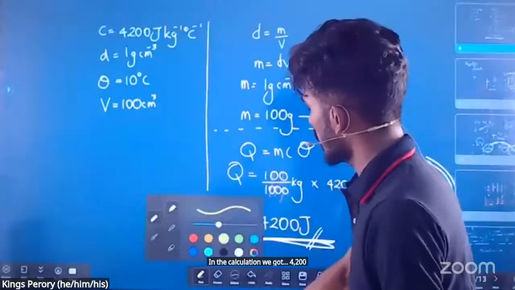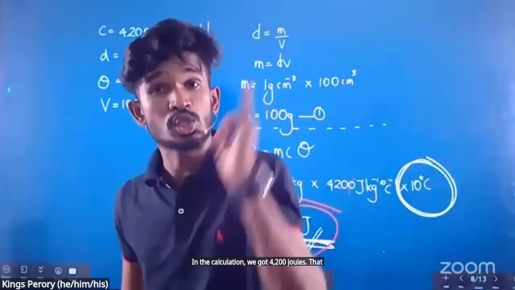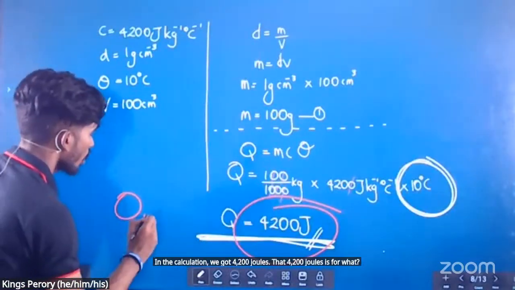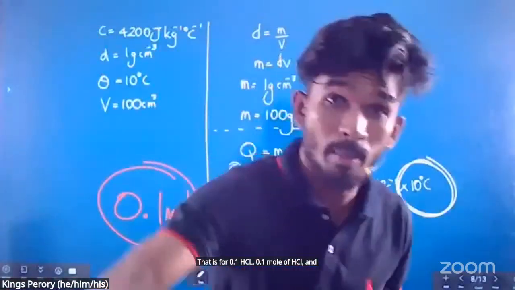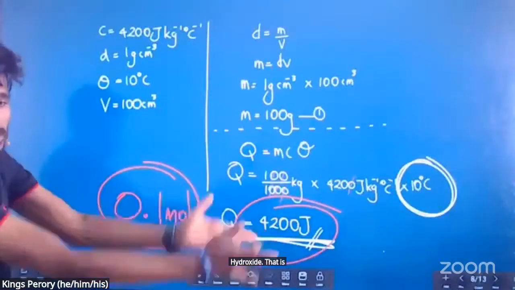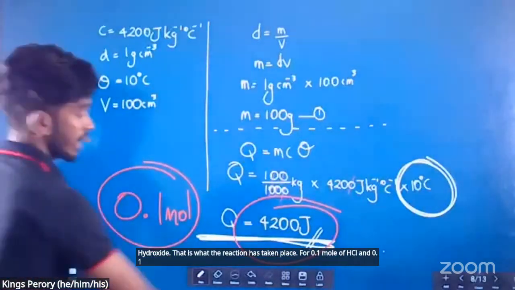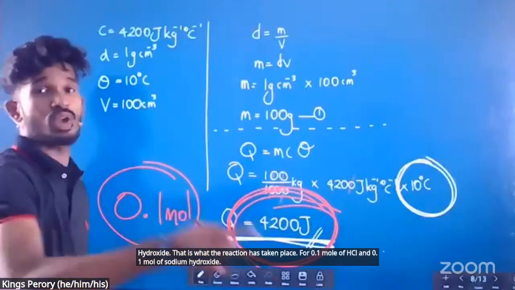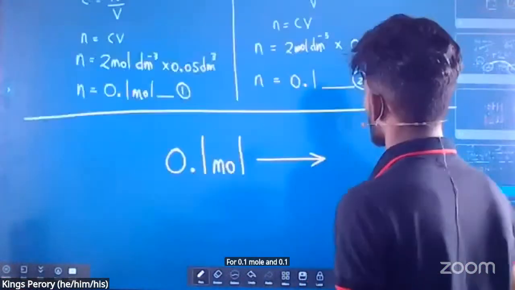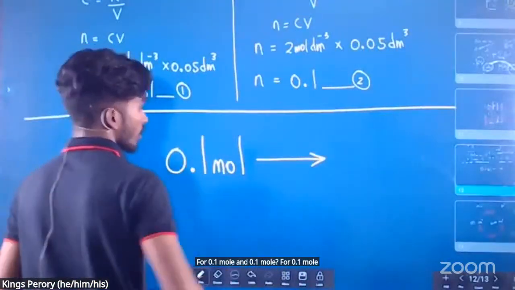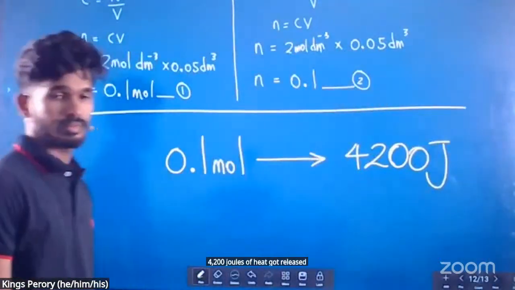In the calculation we got 4,200 joules. That 4,200 joules is for 0.1 mole of HCl and 0.1 mole of sodium hydroxide. For 0.1 mole and 0.1 mole, 4,200 joules of heat got released.